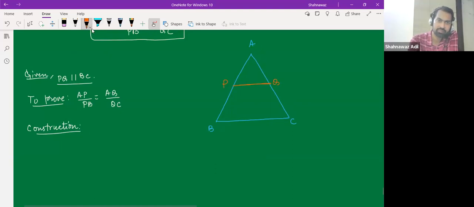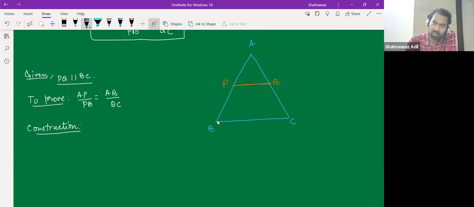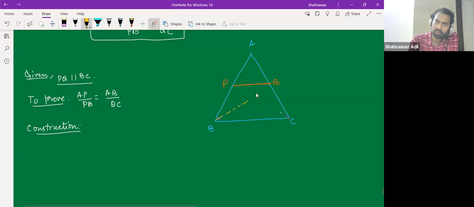So we will construct this one, and this one. Okay, and this one.